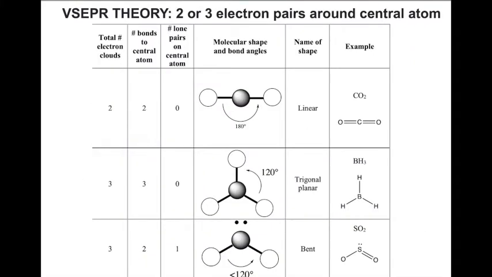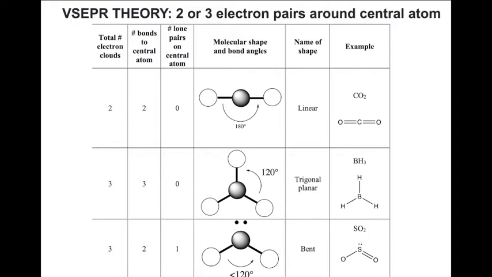So this is going to be, the next few slides is going to be a summary of showing all the different possible geometries that we might have. And these are the things we want to take into consideration. So we first look at the total number of electron clouds. We can call them electron pairs.